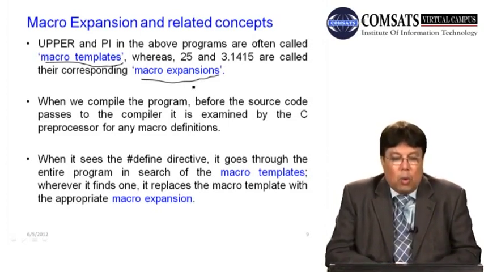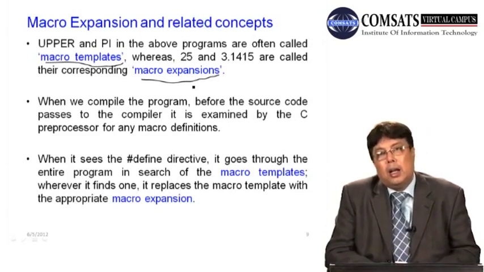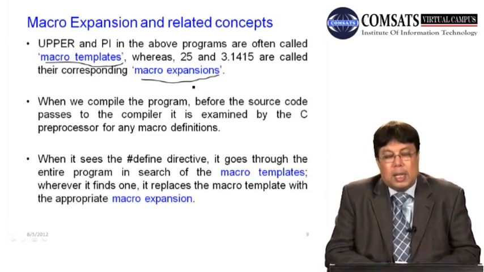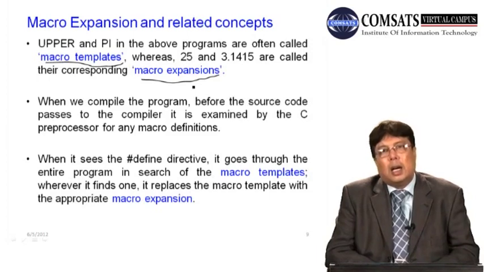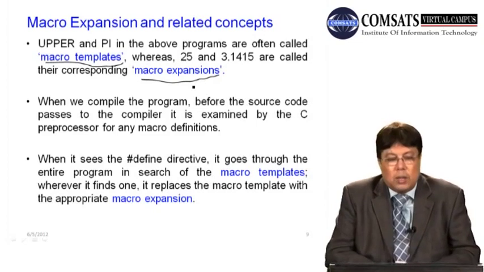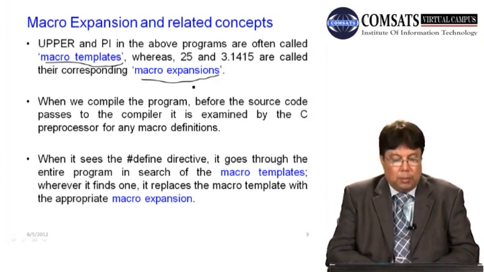So C compiler को upper और pi नजर नहीं आएगा, बल्कि C compiler को इसकी macro expansions, and what is macro expansion? 25 and 3.1415 will be able to see the data, will be able to see the constant value that is associated with the macro template.